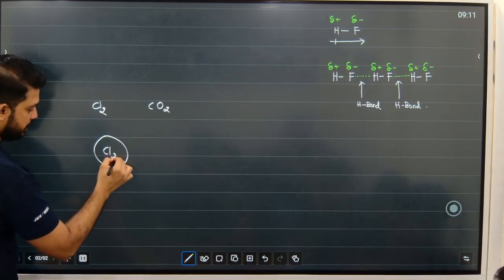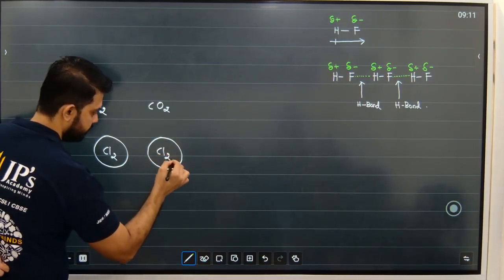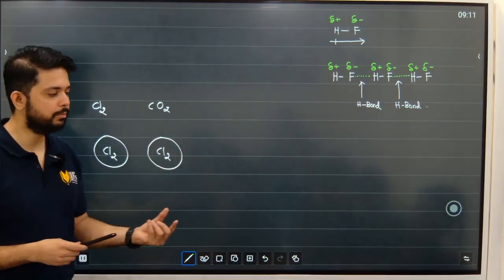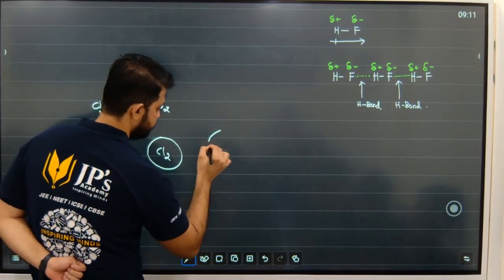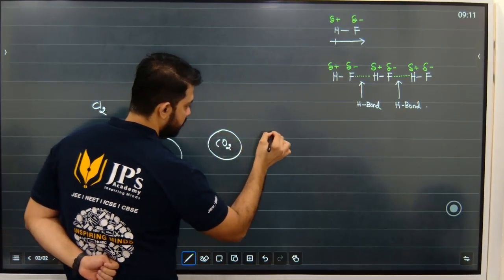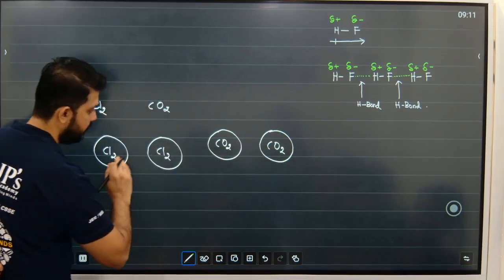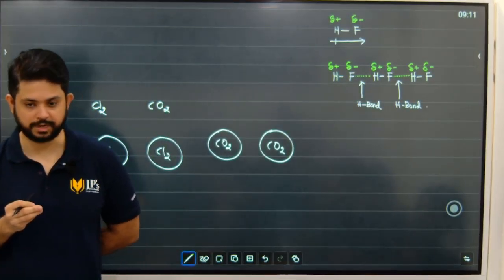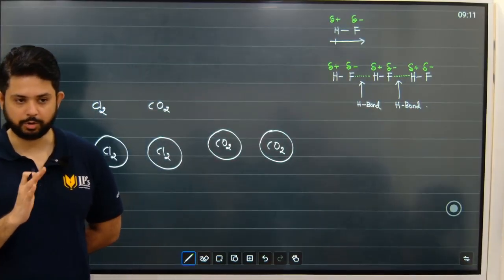Between two Cl2 molecules, or similarly between two CO2 molecules, there is no hydrogen bonding. इनके बीच में there is some other weak intermolecular force of attraction which we will study in the last part of the chapter.